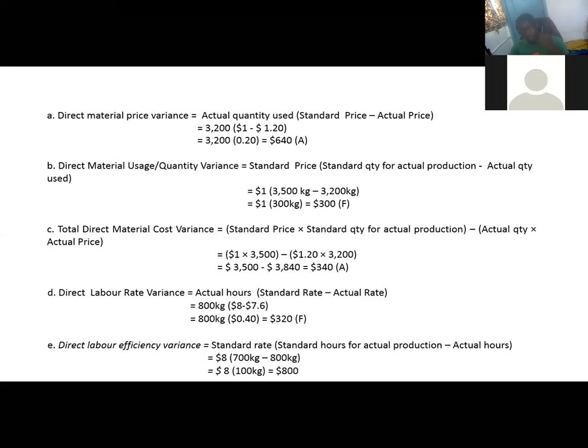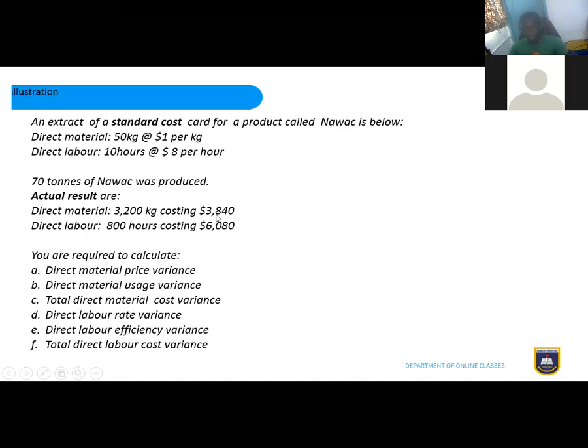All right. Then open bracket for the formula. We are supposed to find standard price. So let's move back to the question to find out whether that figure has also been given to us. So as you know, standard cost. All information pertaining to standard is here, whilst actual is here. So we are still on direct material. The information given to us is that 50 kg at $1 per kilogram.